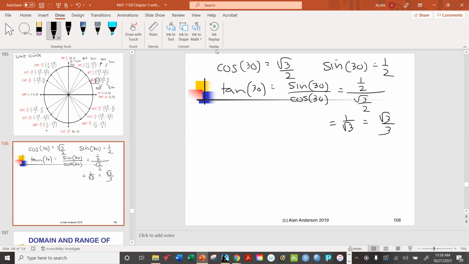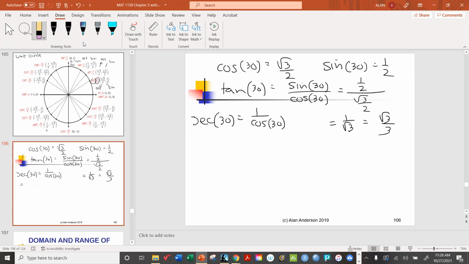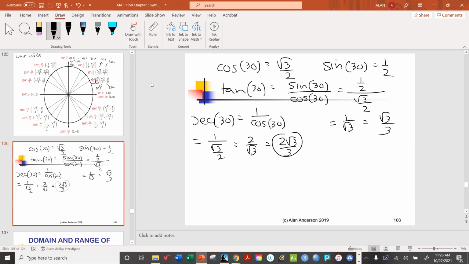Okay, and then we can also say that the secant is 1 over the cosine, which is 1 over radical 3 over 2. The cosecant is 1 over the sine.